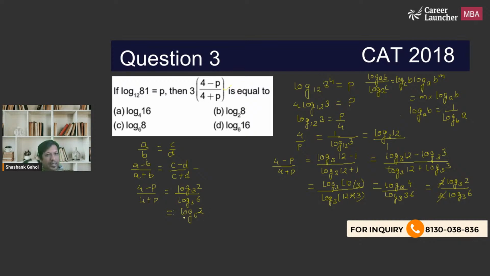Now people might think that this is the answer, right? But the problem is this is not there in the options. So what is the mistake that we have made, and what are we overlooking?